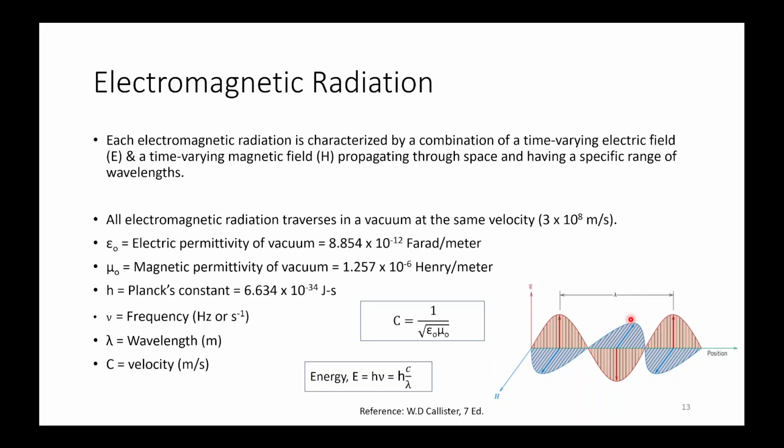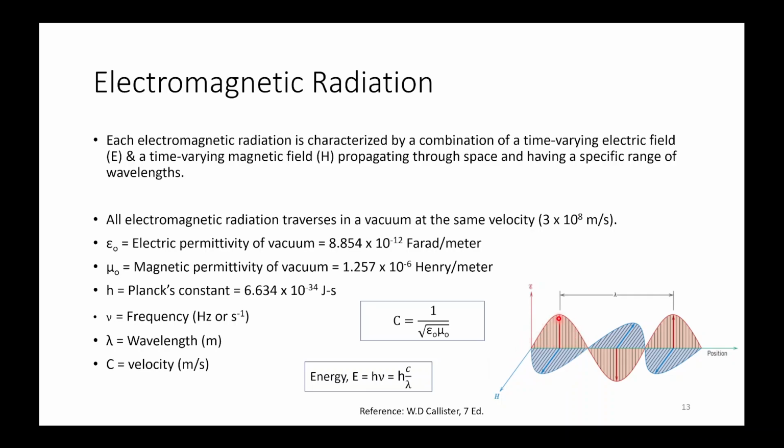Now, electromagnetic radiation. Each electromagnetic radiation is characterized by a combination of a time varying electric field and a time varying magnetic field. So E and H will be propagating through space. This one is H and this one is E, the electric field.